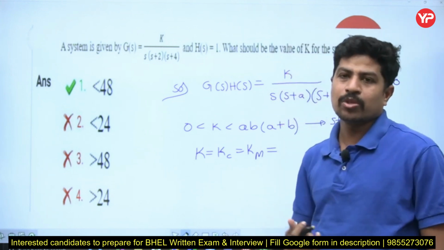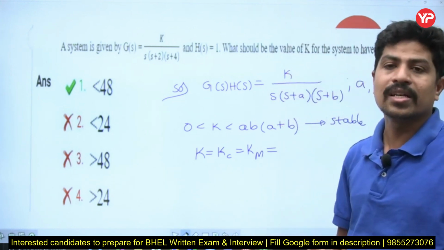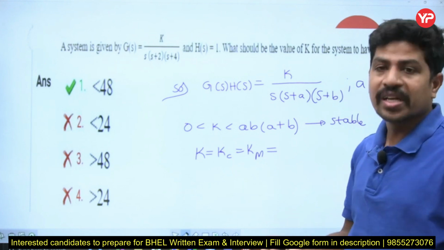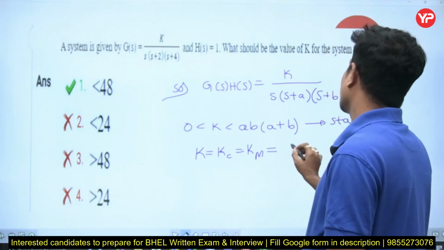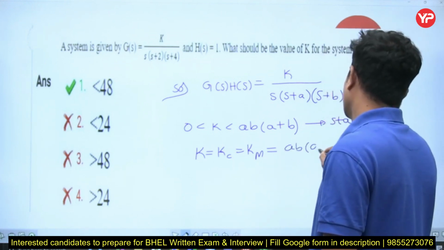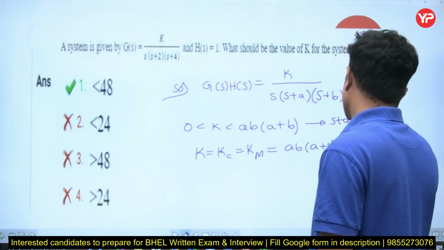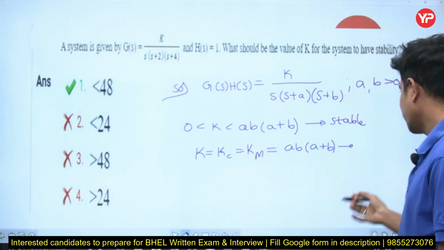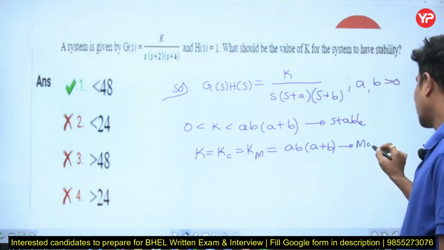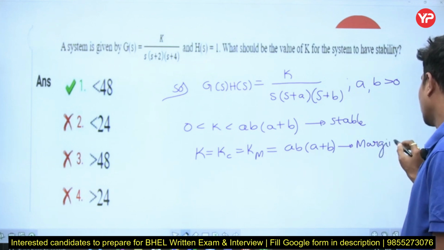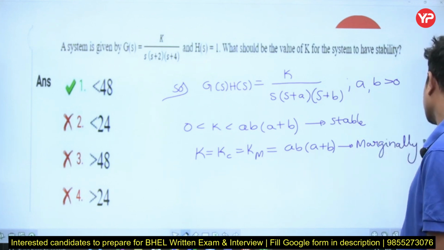The value of K for which your system is marginally stable or critically stable, both are the same, is said to be critical gain or marginal gain. The formula is AB into A plus B. So for this value of K, the system is marginally stable.